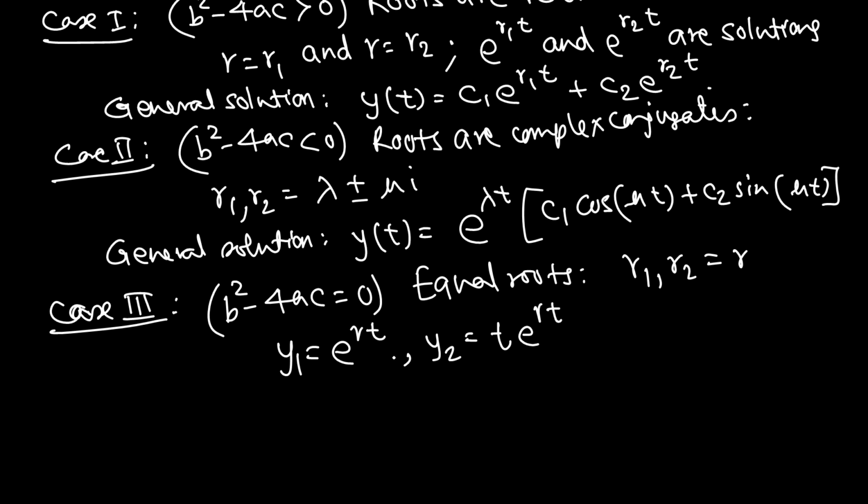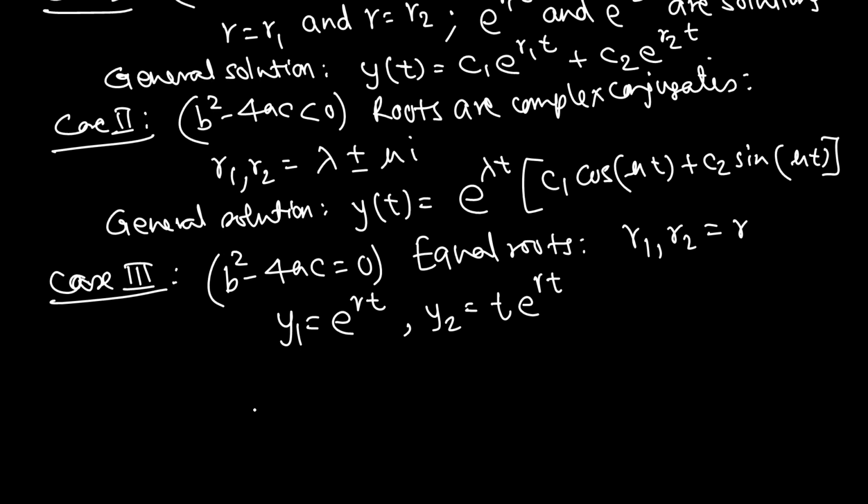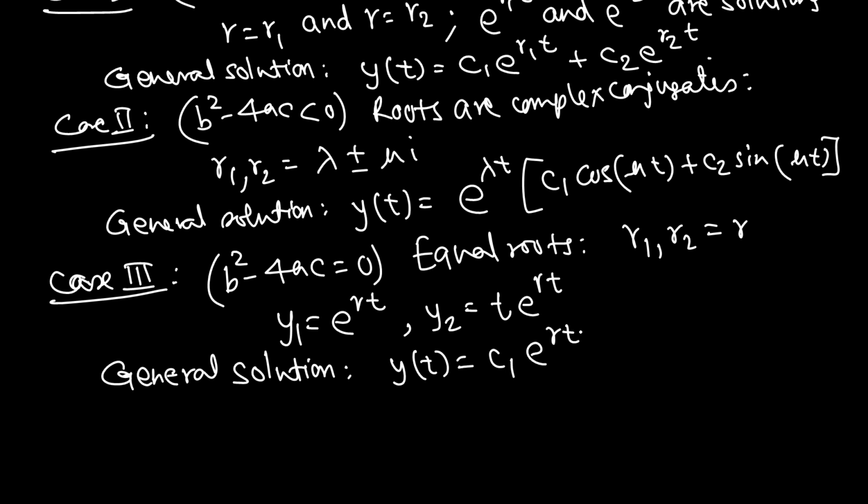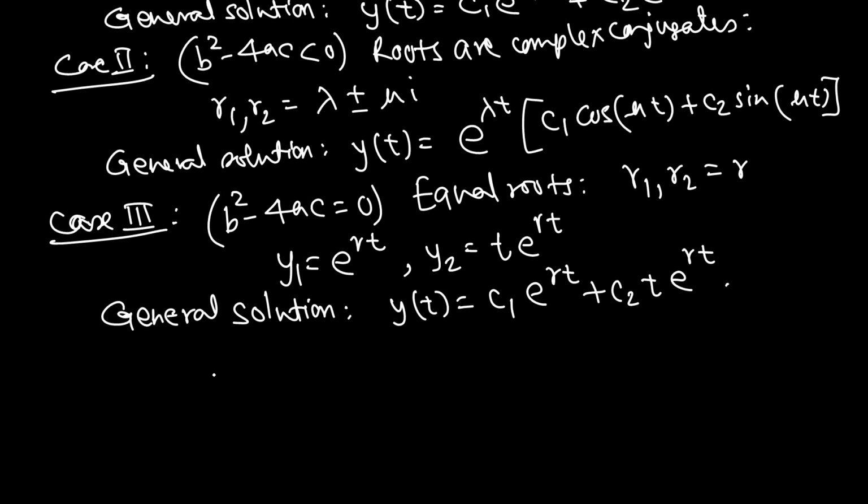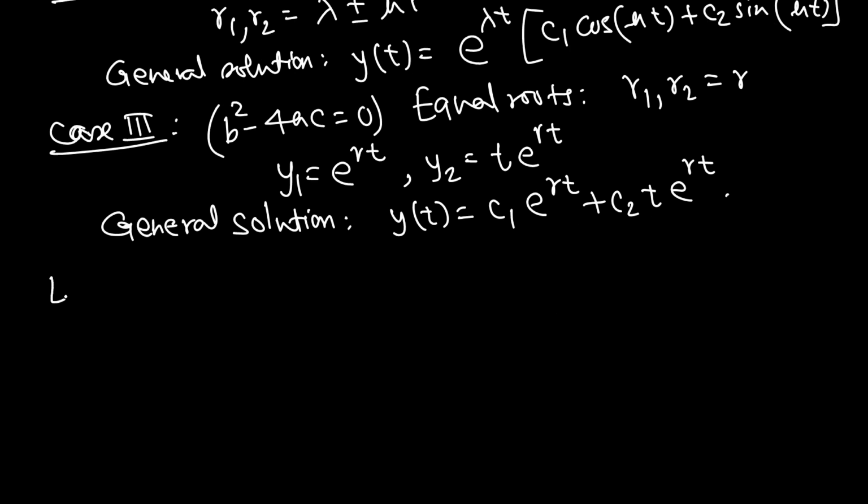So these two are linearly independent solutions of the ODE, and we can write down the general solution: y(t) equals c1 e raised to rt plus c2 t times e raised to rt. So we already considered case 1 and case 2. Let's do some examples.